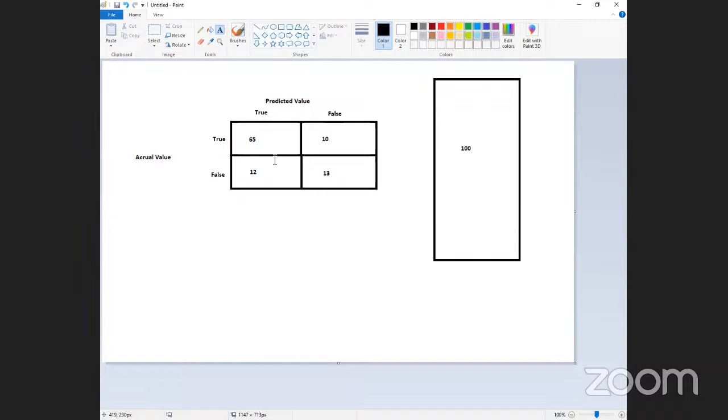You have all the input values and say yes or no. If you put it to the algorithm, it also says some values, the predicted value. So now we have two values, and we need to know whether those two values are equal or not. That's what we do with this model.